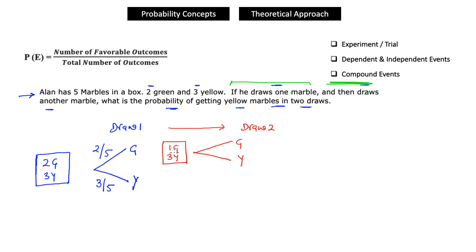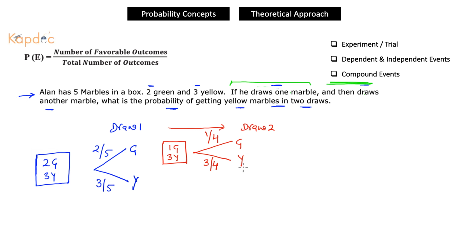But the probability of getting a green in this case is what? You are left with only 1 green in the box, correct? So the probability of getting a green is 1 over 4 because there are 4 total. And just like that, the probability of getting a yellow is 3 over 4 because there are 3 yellow and 4 total, right?